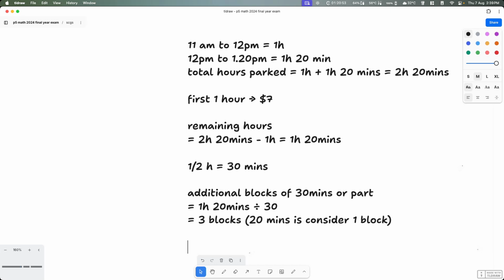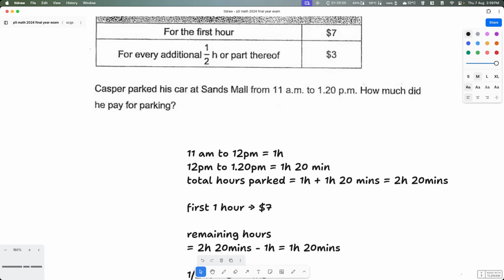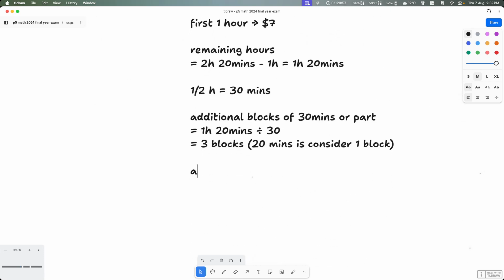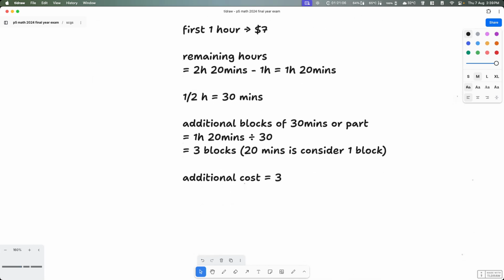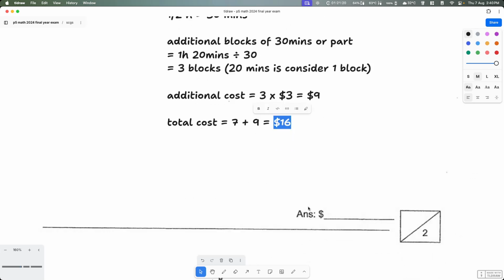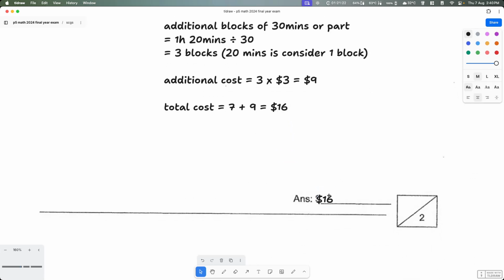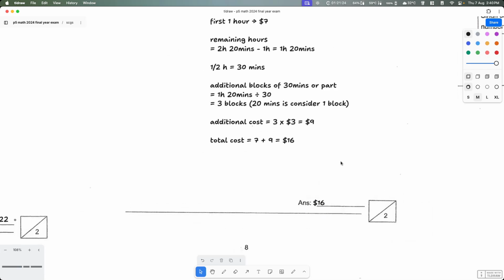So from here 3 blocks, that means the additional cost will be 3 times $3, which is $9. So total cost will be 7 plus 9. This will be $16. There you go. $16. I'm going to put it like this.